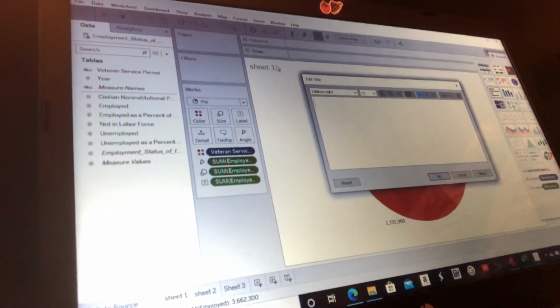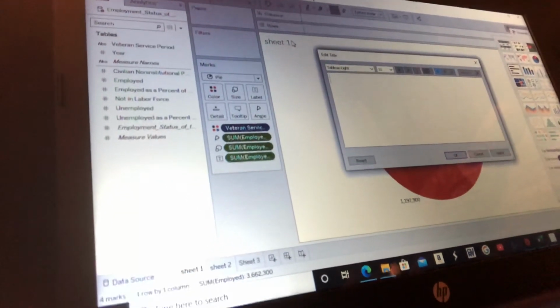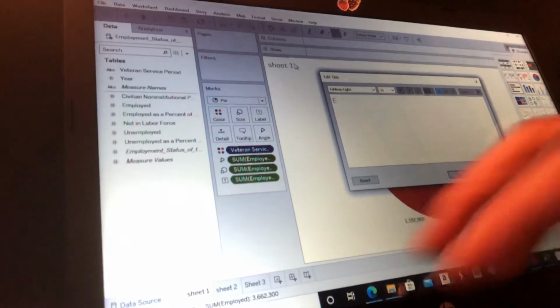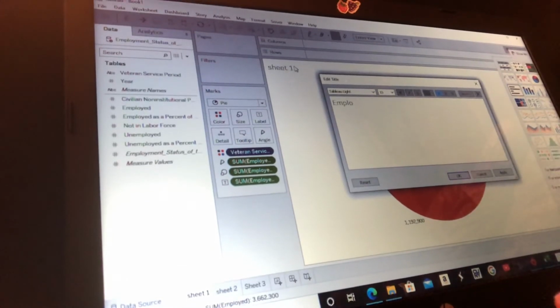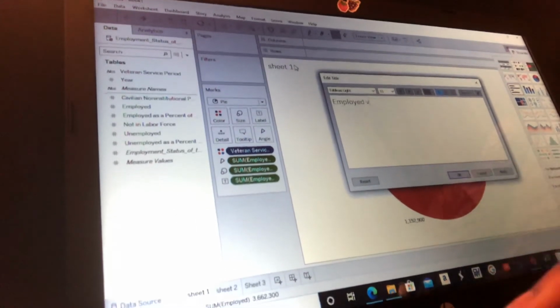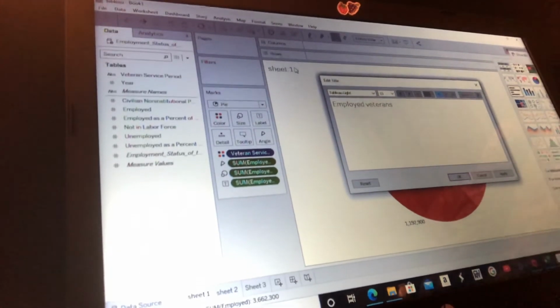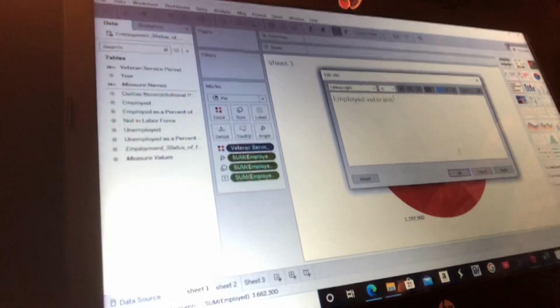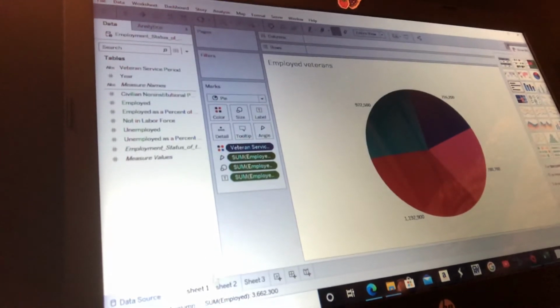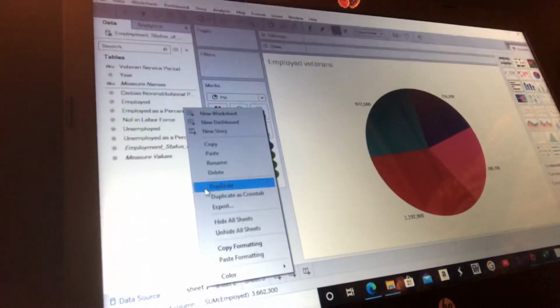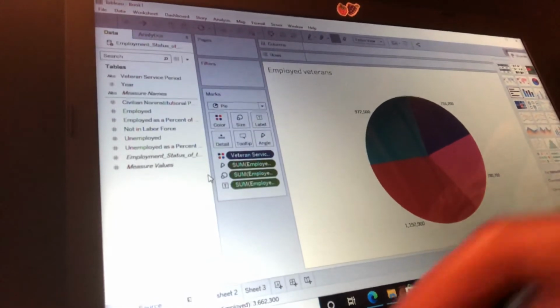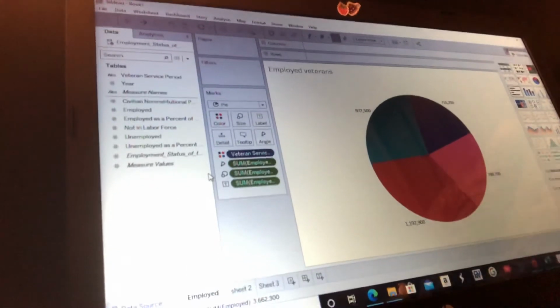Now I'm going to rename the sheet employed veterans. Go to sheet 1, right click, rename, and I'm just going to call this employed just to keep it simple.